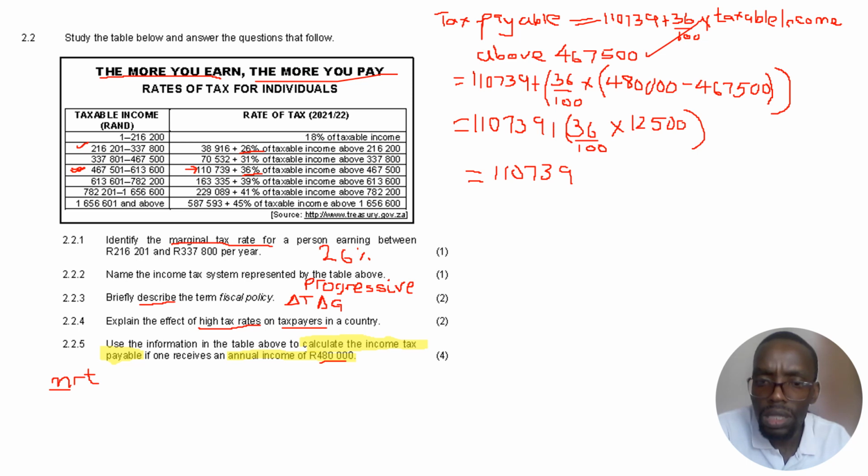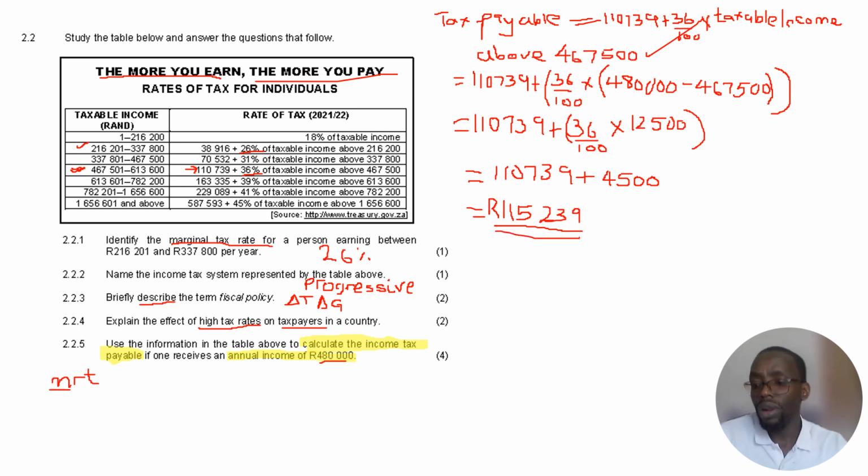So you are going to get 36% of that. On your calculator your answer is 4,500. So now your answer is 115,239. Remember these are rands.